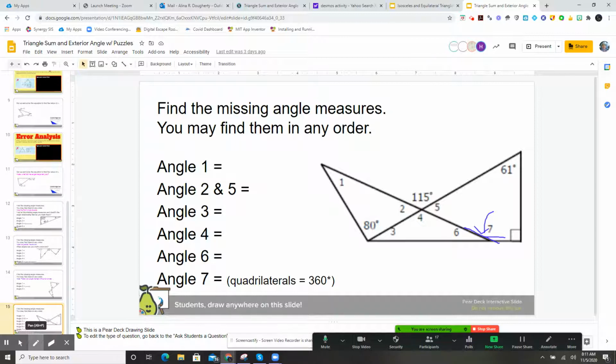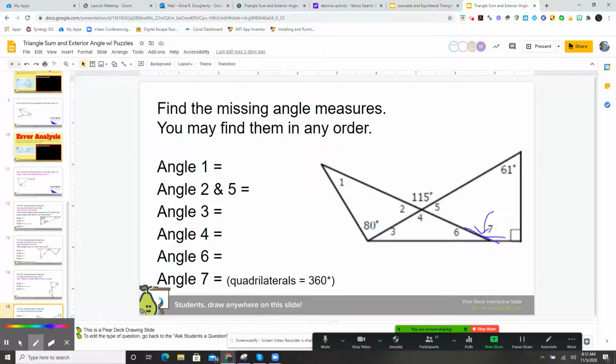All right, if you know one, call it out because I can't see my chat box right now. Where'd you start? What was the first one? Okay. I think there is a 29. Angle 7 looks really obtuse though, so I'm not sure it's angle 7, but I think there is a 29.